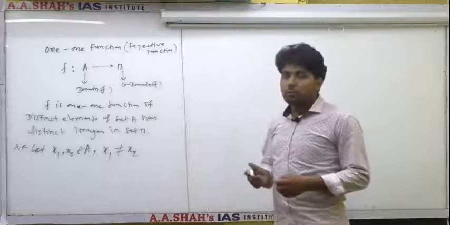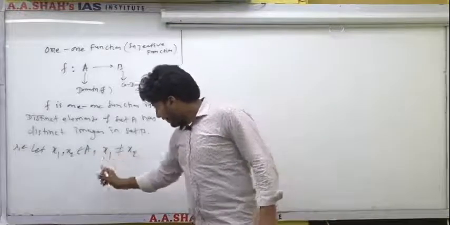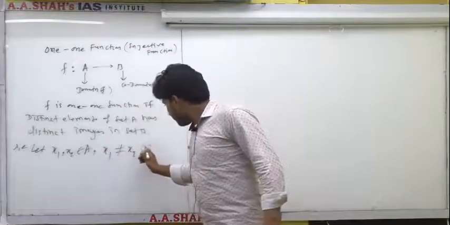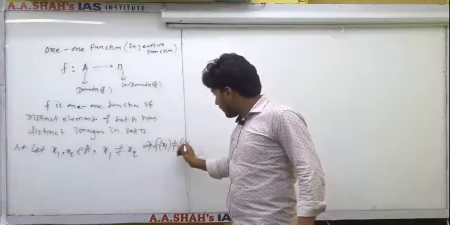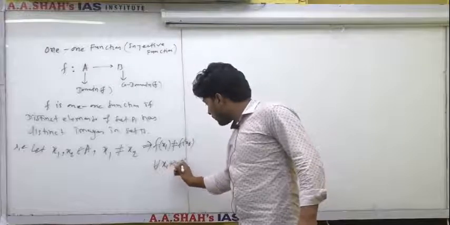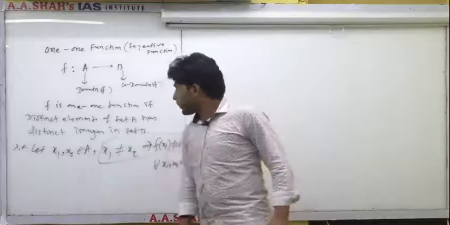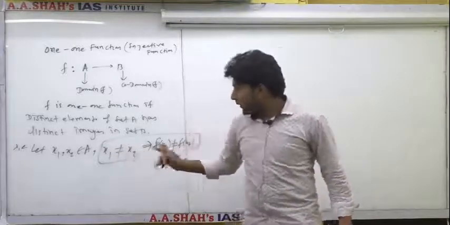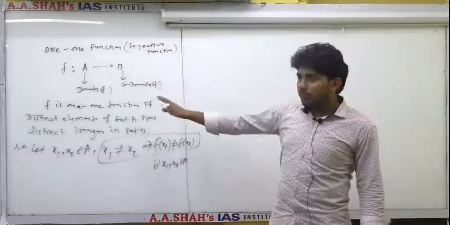The x1 and x2 are two different elements of set A, and such that x1 is different from x2, then f(x1) must be different from f(x2) for all x1, x2 belonging to A. Means we will assume that if x1 is different from x2, then we need to prove that f(x1) is different from f(x2). Then we will call that f is a one-one function.